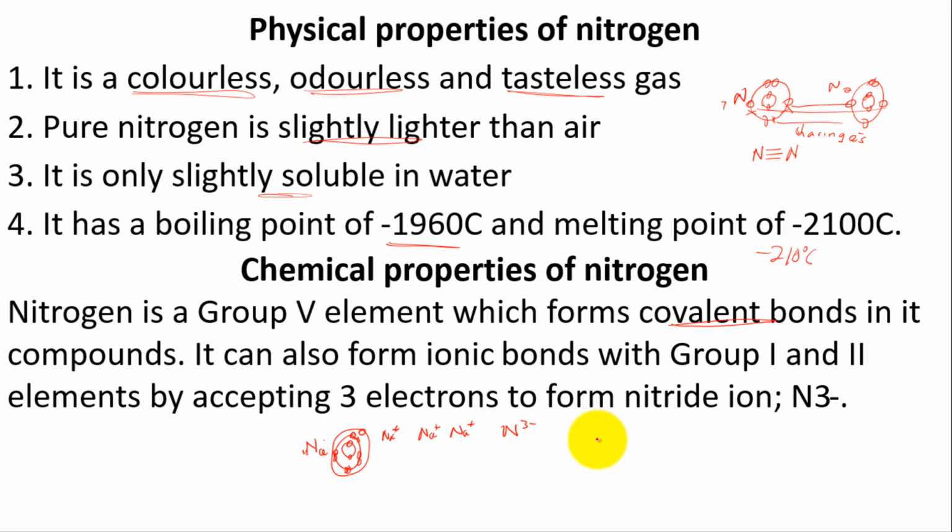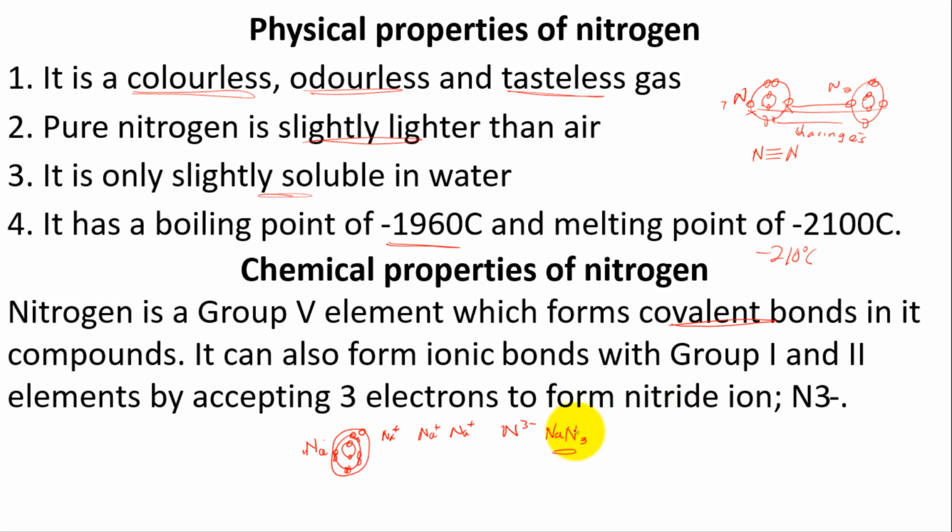And when such happens, what happens? We get Na3N, this is what we call sodium nitride.